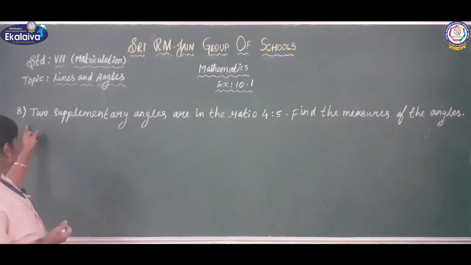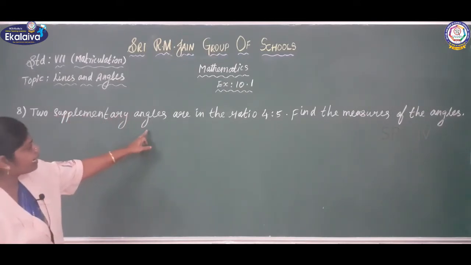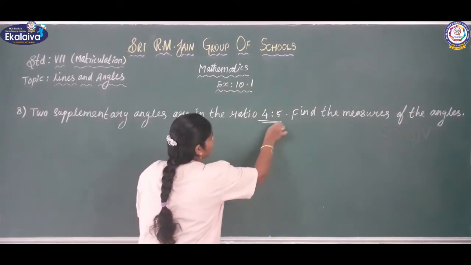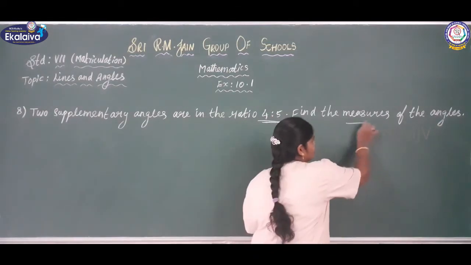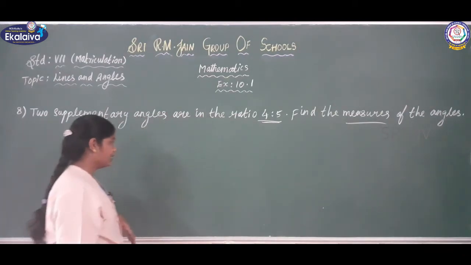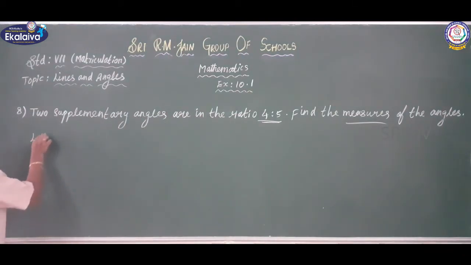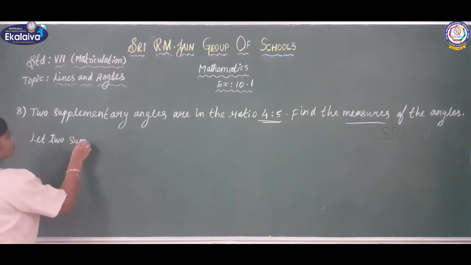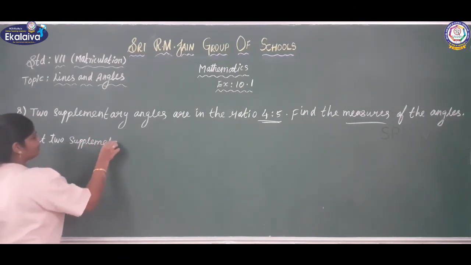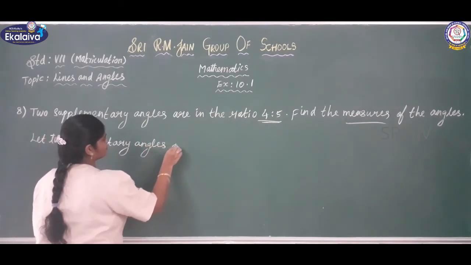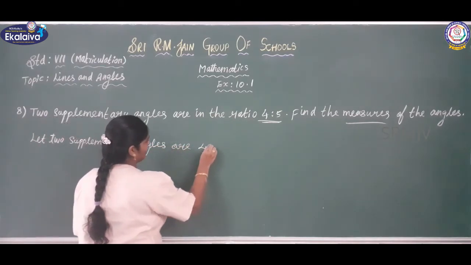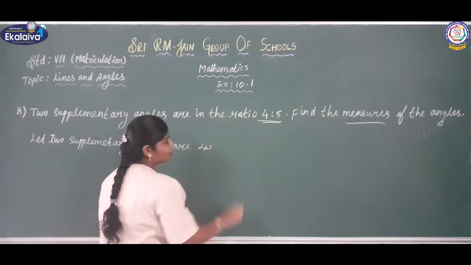Next one, 8th one. Two supplementary angles are in the ratio 4:5. Here angles are not given, the ratio is given. Okay. Find the measures of the angles. Let us consider, let the two supplementary angles be 4x and 5x, because here ratio is given.